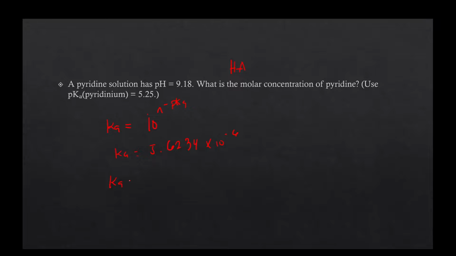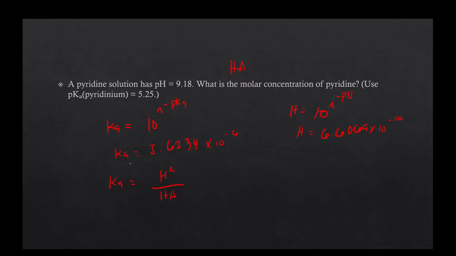Okay, so Ka equals H squared over HA. Oh, so we need to get H as well from pH. Okay, so H equals 10 raised to negative pH, which is 9.18. So H concentration is 6.6069 times 10 to the negative 10th.